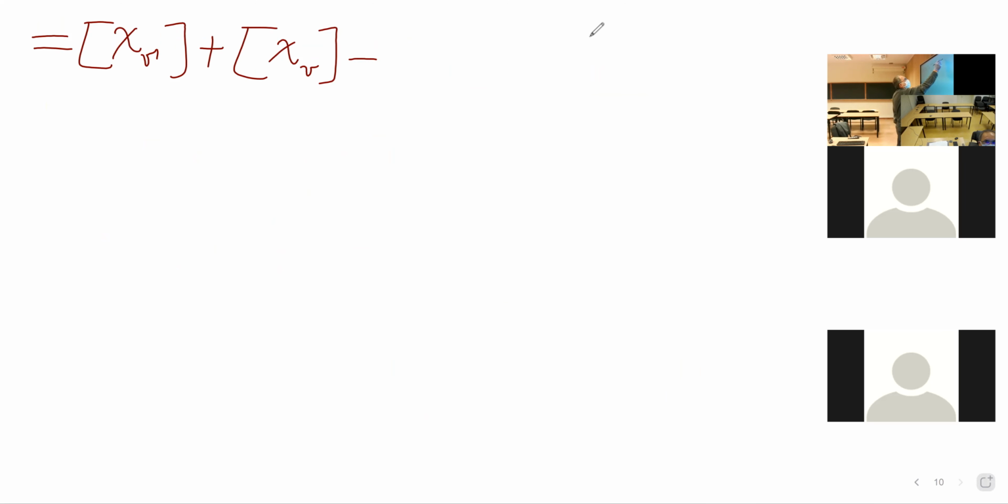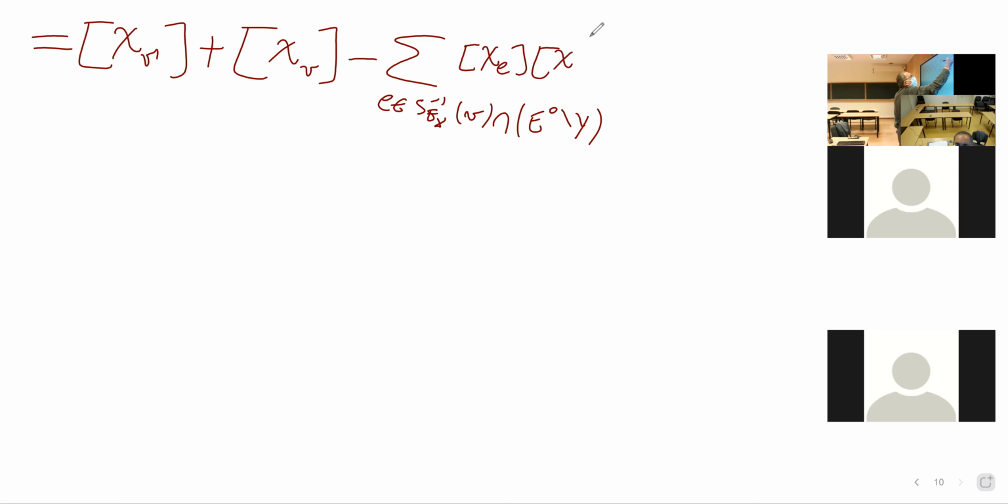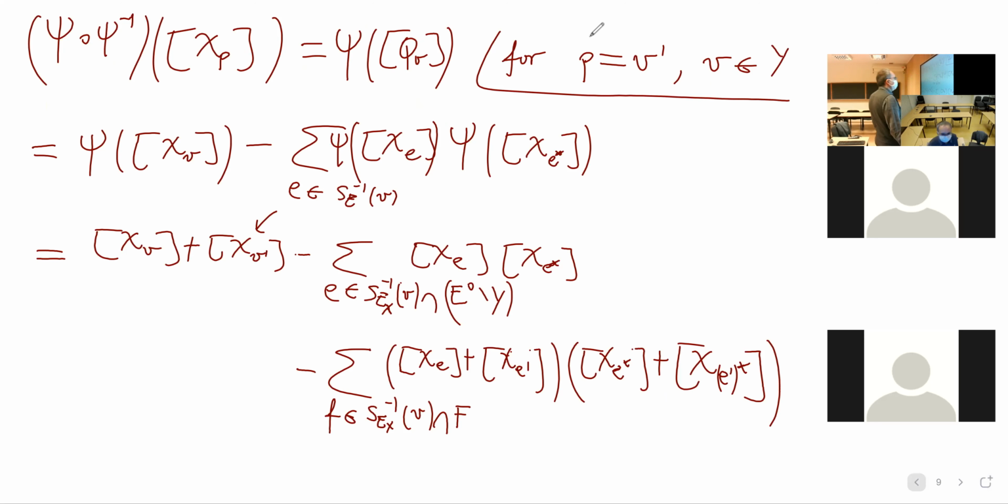I can just rewrite it, running the preimage of SEX under SEX of V intersected with E0 less Y, and here nothing happens, so I have just the class of chi E times the class of chi E star. Okay, so that's the first part. I just rewrote it.